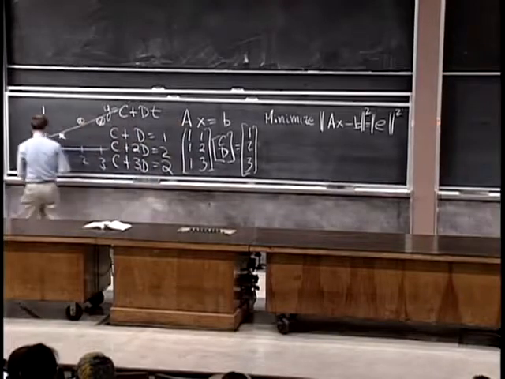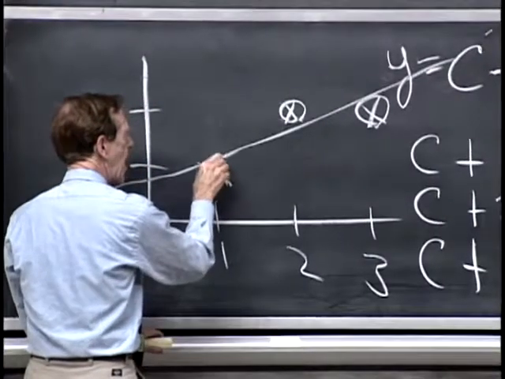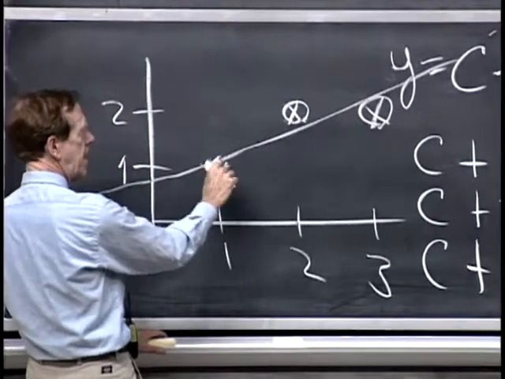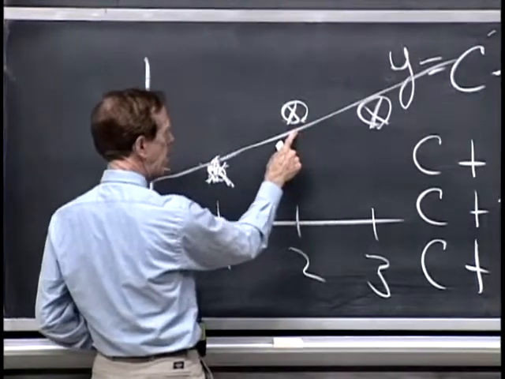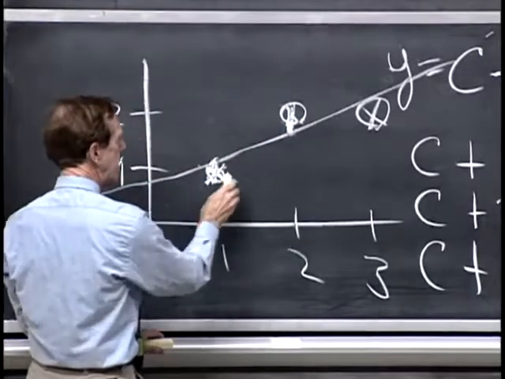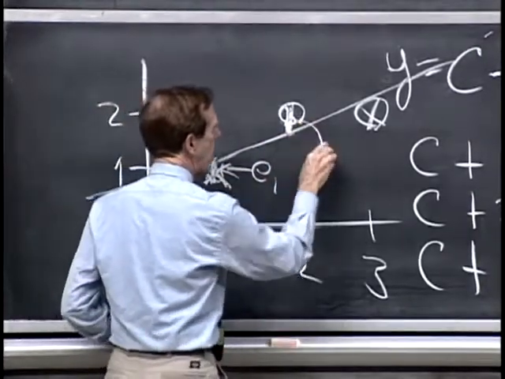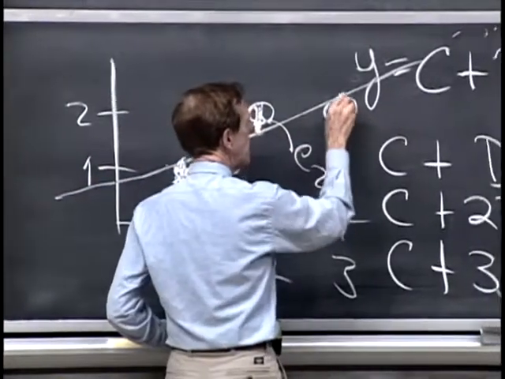So it's this little bit here, that vertical distance up to the line. There's 1, and there's C plus D, and it's that difference. Here's 2, and here's C plus 2D. So vertically, it's that distance. That little error there is E1. This little error here is E2. This little error coming up is E3.